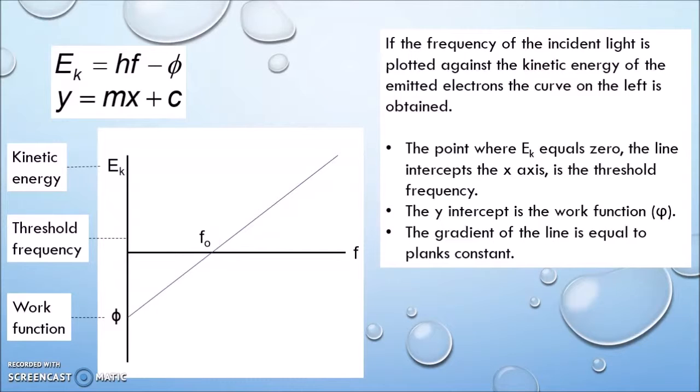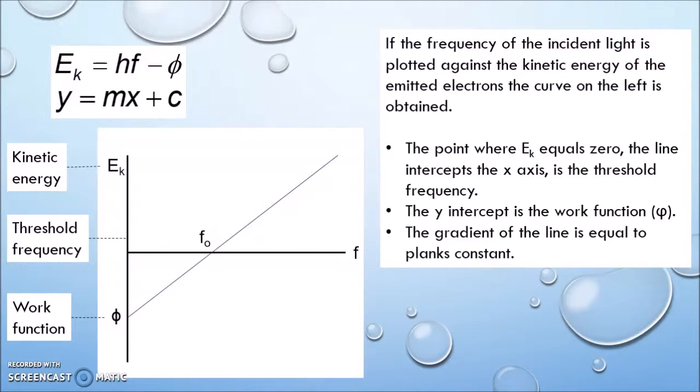The y-intercept down the bottom here is our work function. It's actually the negative of our work function because it's below the 0 here. We can see from the graph equation, y equals mx plus c, that it equates to the work function equation, the kinetic energy equals hf minus work function. So work function is c, or the negative of c.